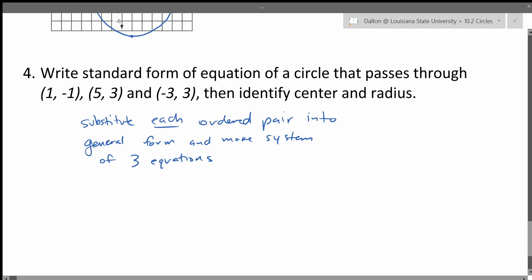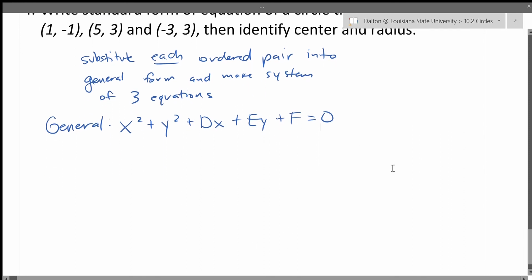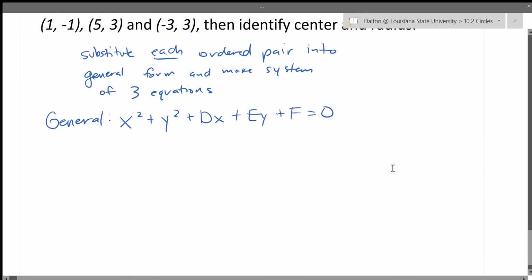So the general form, you don't have to rewrite this. I'm just rewriting it for the sake of the video, but you can if you want, is x squared plus y squared plus dx plus ey plus f equals 0. So we're going to substitute each of these 3 points into this general form, and we're going to set up a system of equations. So let's do that. The first point is 1, negative 1.